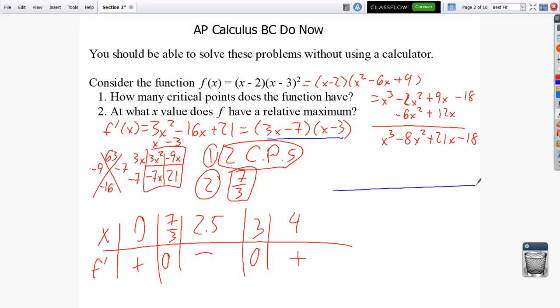So if I was to analyze this nowadays, I wouldn't use that chart. I would use this f prime graph so that I can have my 2 critical points of 7/3 and 3, and then just plug in some random numbers to figure out that you get positive, negative, and positive. Again, up, down, up. I'm looking for a maximum. 7/3 is my maximum here.